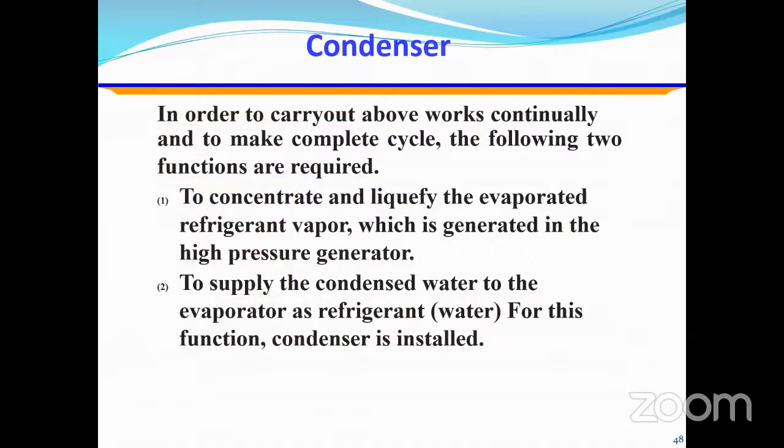Condenser. In order to carry out the above work continuously and to make a complete cycle, the following two functions are required. Number one, to concentrate and liquefy the refrigerant vapor, which is generated in the high pressure generator. Number two, to supply the condensed water to the evaporator as a refrigerant.